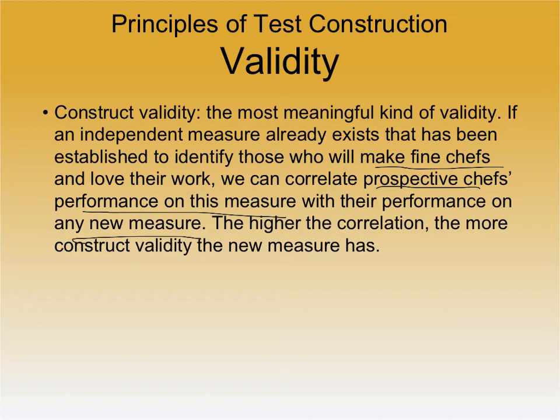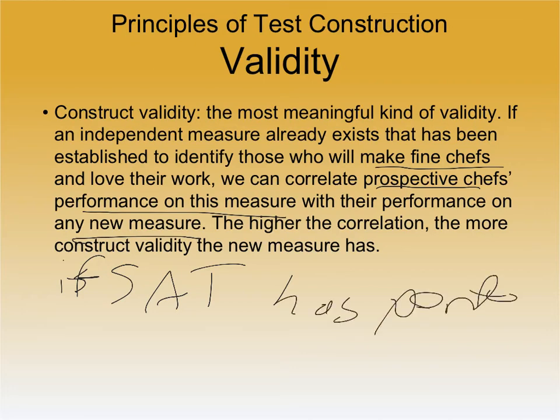Better, more relevant example. Let's say the SAT has perfect validity. We just said it didn't, but let's just say hypothetically it does. Now we can have a newer test, like the ACT is a newer test. We could have someone take the SAT and the ACT.